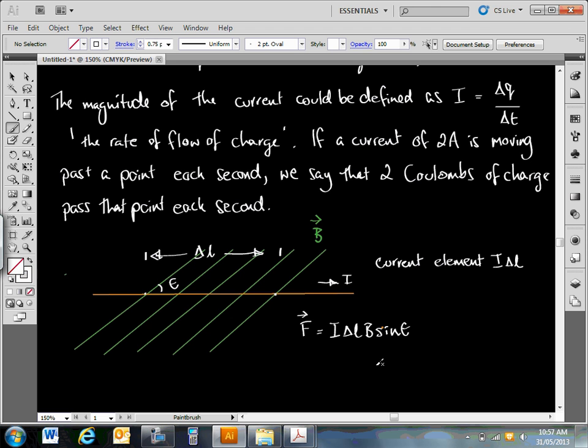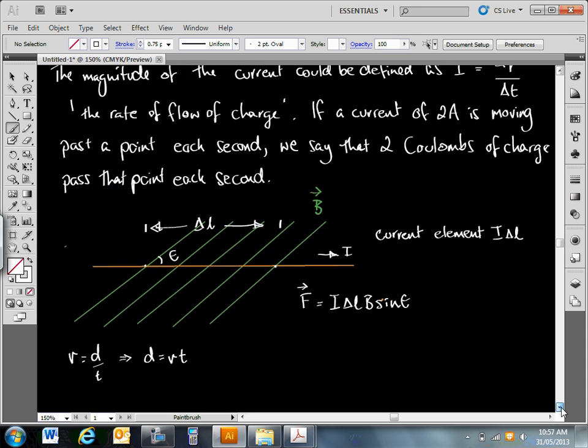If I substitute for I, this delta Q on delta T, and delta L, what could I substitute for delta L? Well, delta L is just a distance, isn't it? From velocity equals distance over time, we see that distance equals velocity times time. And so I'm going to substitute that in.